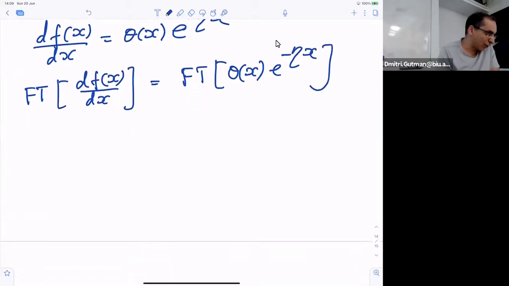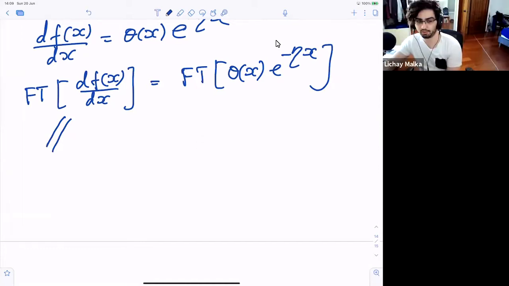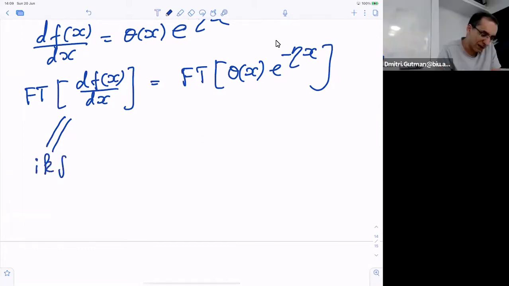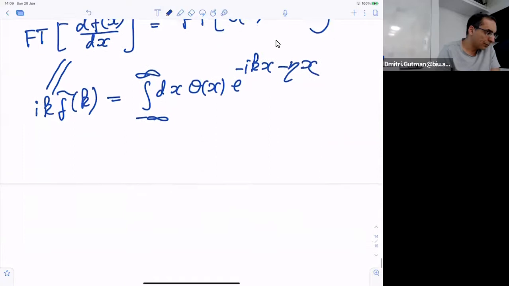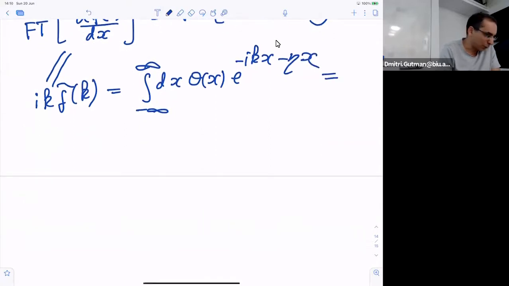Okay, so the Fourier transform of the left-hand side, we know what it is, right? It is ik f tilde of k. So now we need to compute the right-hand side, which will be the integral from minus infinity to infinity dx theta function of x e to the minus ikx minus eta x. We compute this integral and we get 1 over ik plus eta.